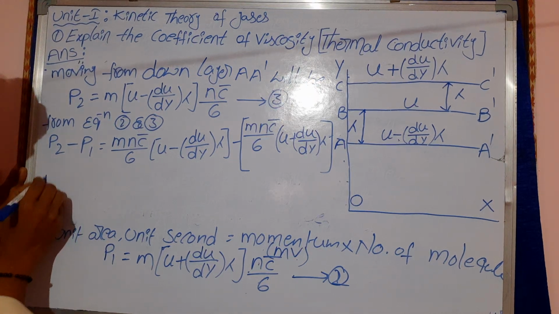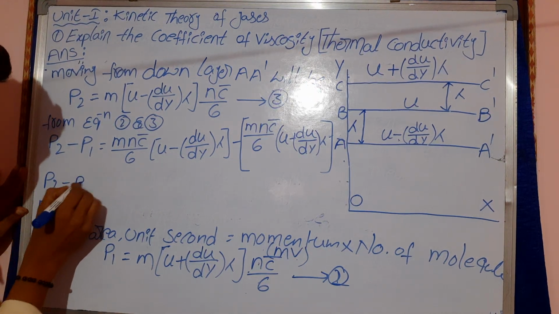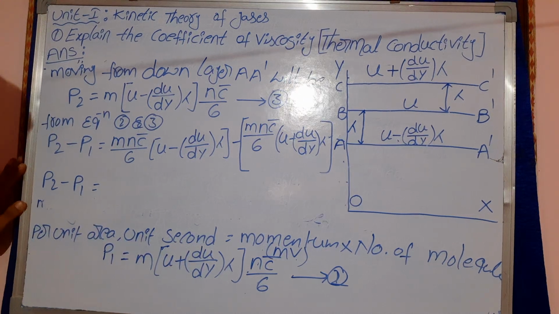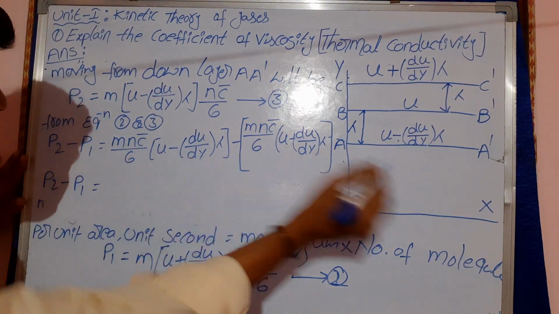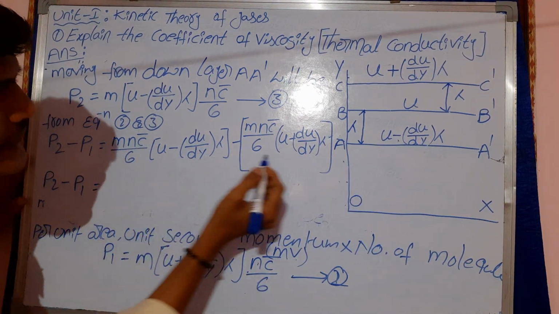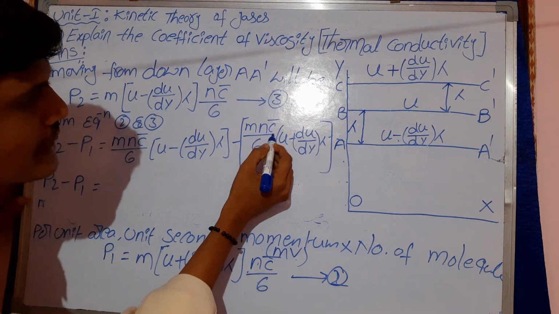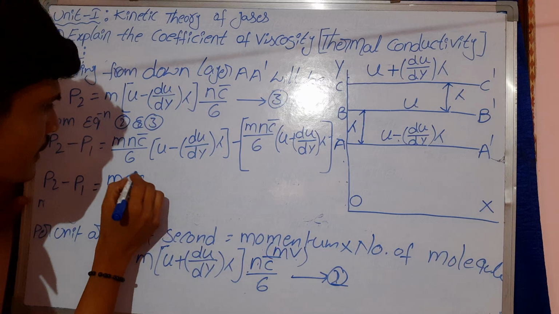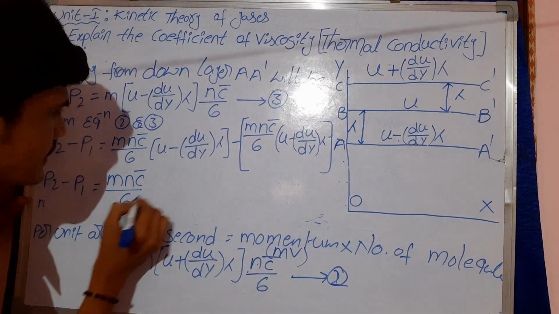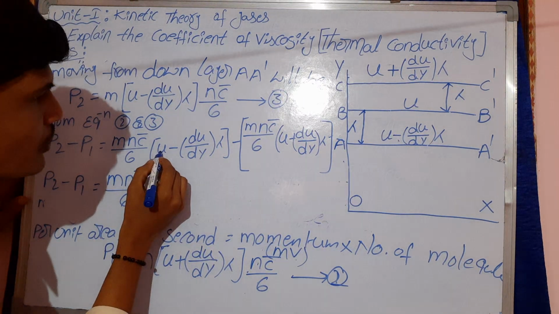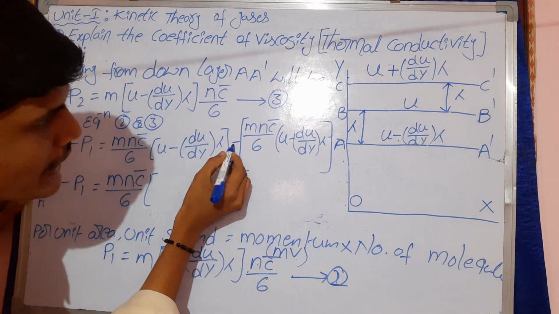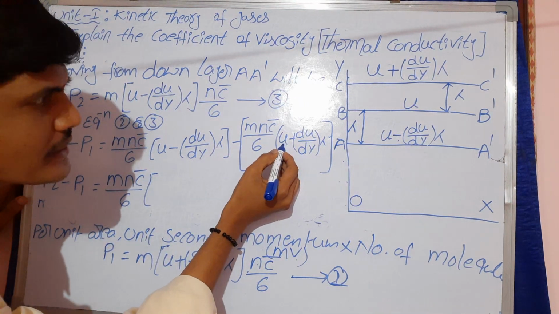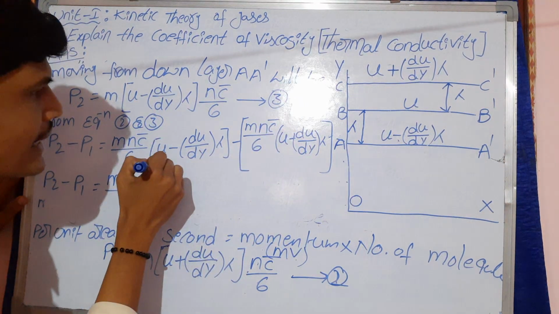So the common term: P2 minus P1 equals the common term m n c bar by 6 into u plus u minus u. So u cancels.